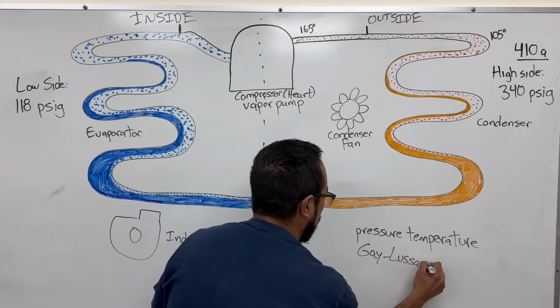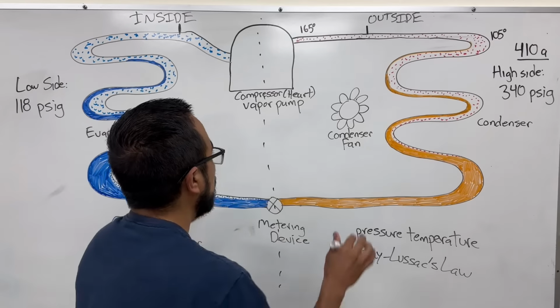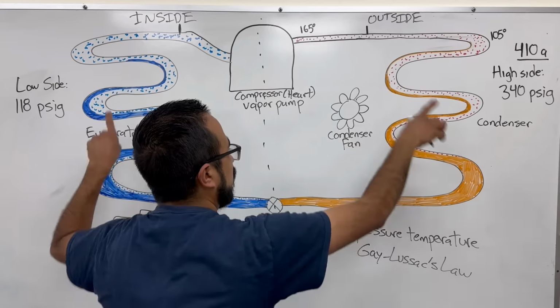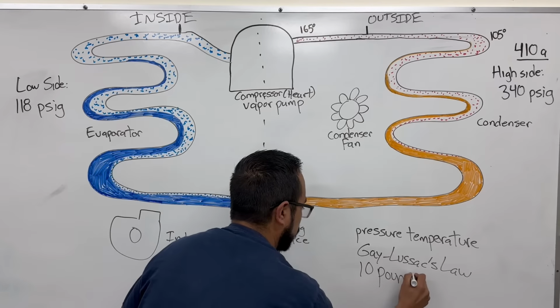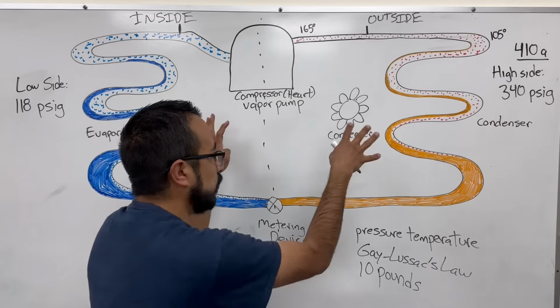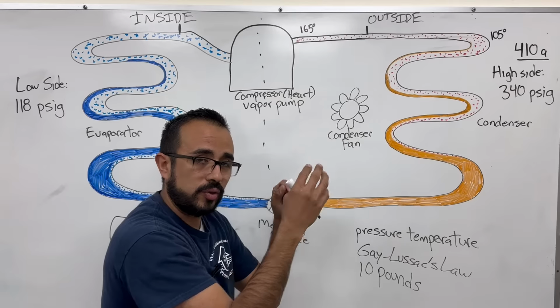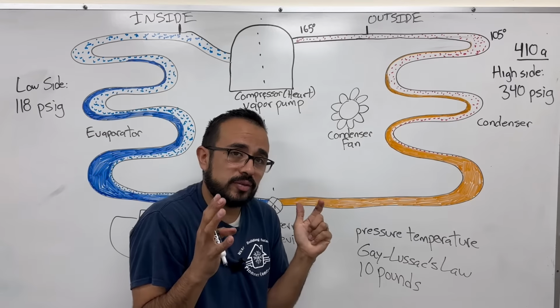Gay-Lussac's law. It basically just says, and think about the refrigeration cycle, let's say this has 10 pounds of refrigerant. As long as we don't add more refrigerant, we're not changing the volume. So if we want to change the volume, if we want to add more refrigerant, we're going to change how much refrigerant that system has.